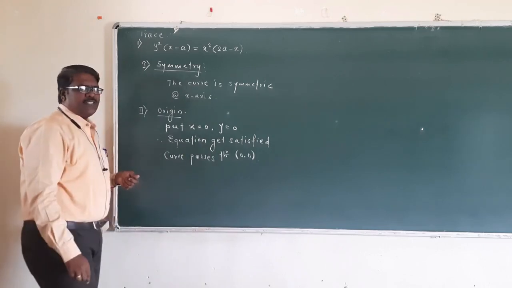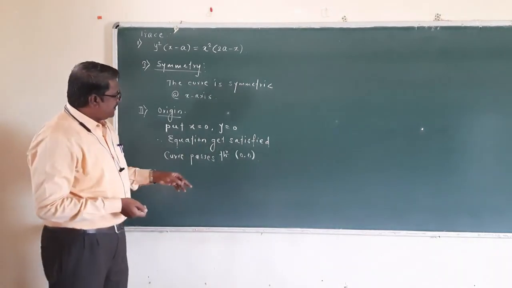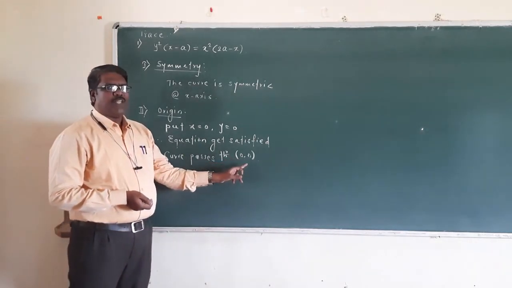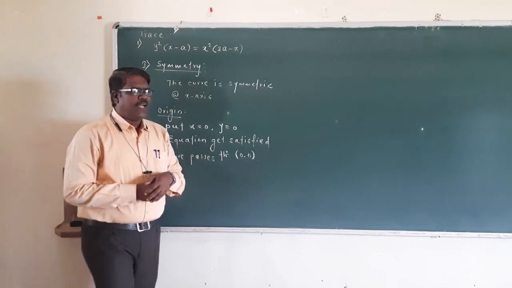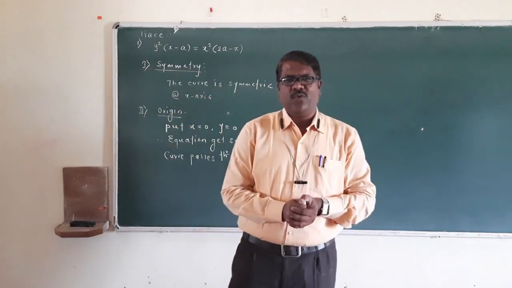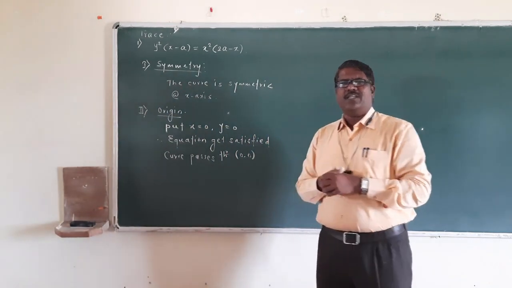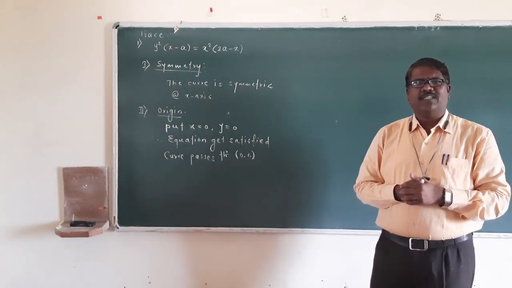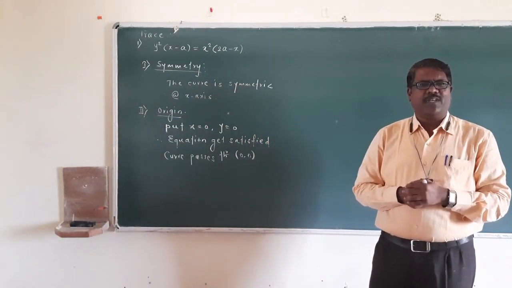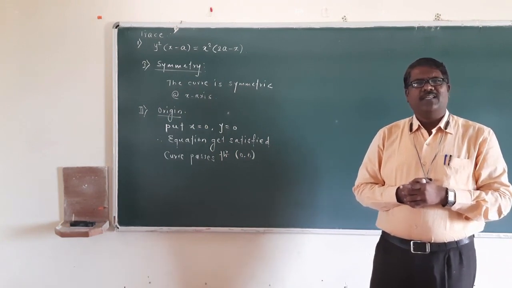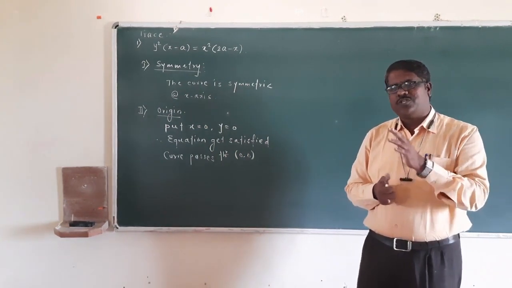Now once curve passes through origin, the next work is to calculate equation of tangent at origin. And how to calculate equation of tangent at origin? So we have written the method that equation of tangent at origin can be obtained by equating the lowest degree term to 0.